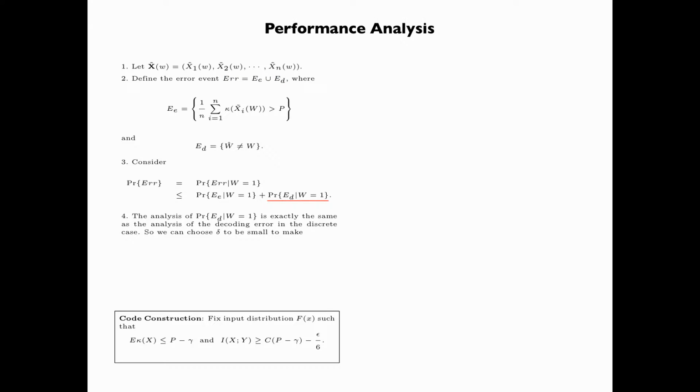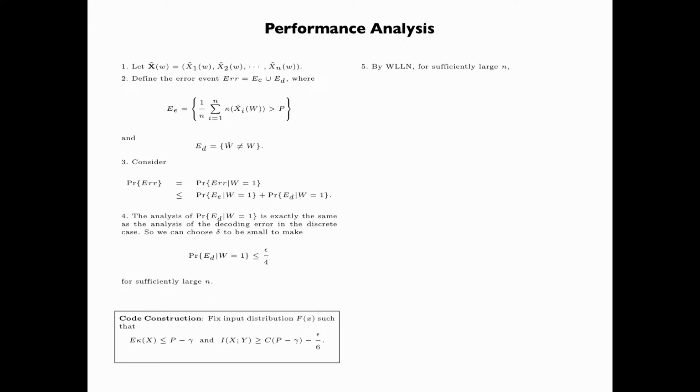The analysis of the second conditional probability above is exactly the same as the analysis of the decoding error in the discrete case. So we can choose delta to be small to make this probability less than or equal to epsilon over 4 when n is sufficiently large.